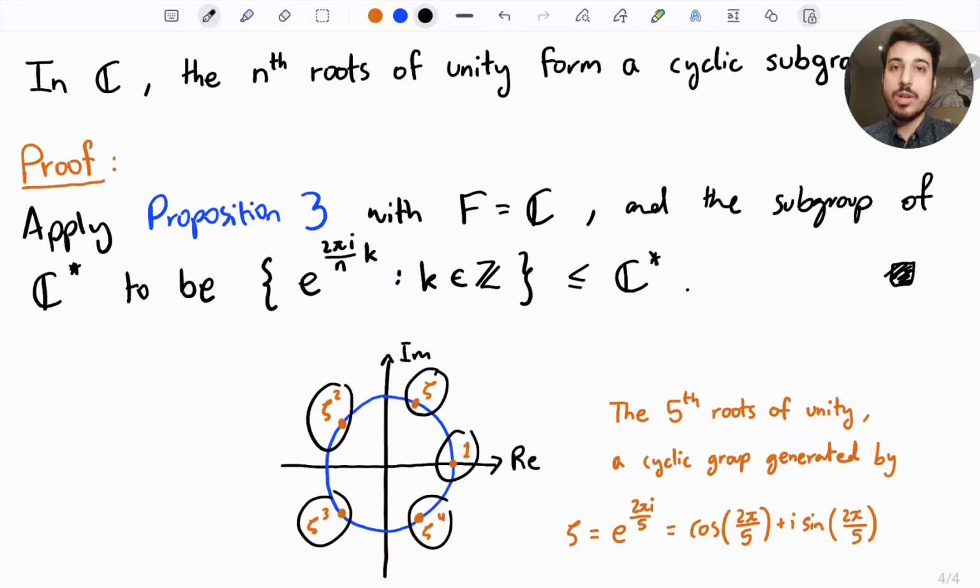All of this subgroup is generated by a single element, which is zeta. So in this case, this subgroup is equal to the subgroup generated by the single element, the fifth root of unity, zeta. And this applies for any n.